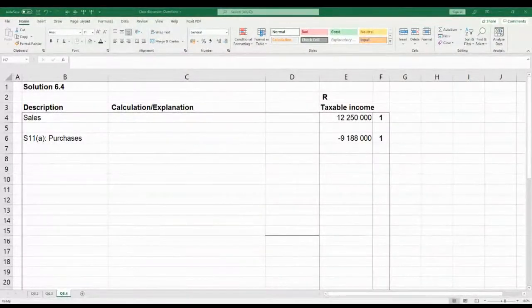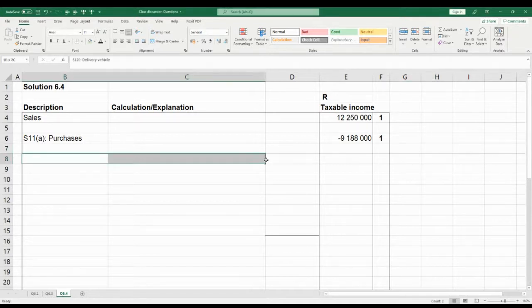Okay, so the first thing we said when we go back to point 3 on our workbooks is we said we purchased the delivery vehicle. Now we will apply the 50, 30, 20% rule because it's a non-manufacturing item. We said we are in year 1, so we purchased it in that year. So we take the value, the 251,500, we multiply it with 50% to work out our deduction.